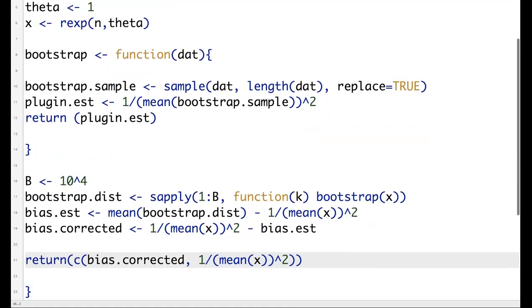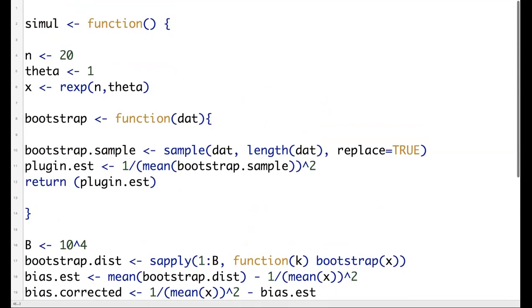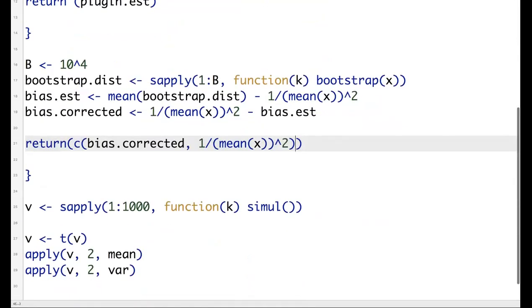I put this under a function called simul to indicate that if I run this once, I'm doing this experiment one time, which of course I have to do many times to look at the variation. That's why over here I simulate these things 1,000 times, to generate a large number of situations.